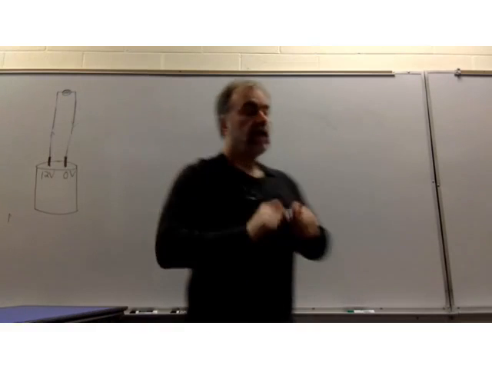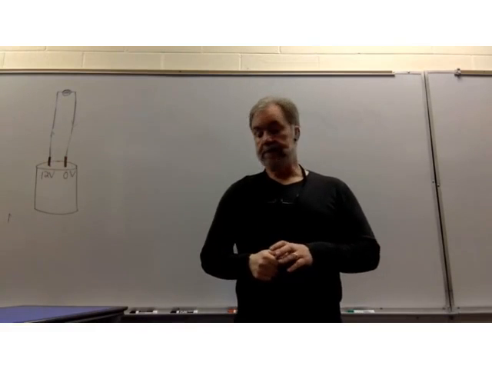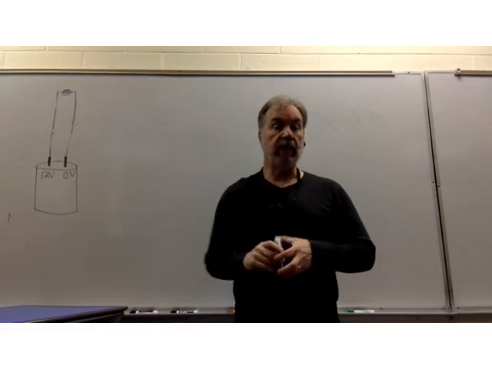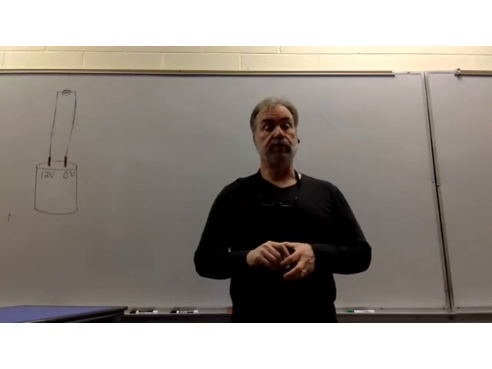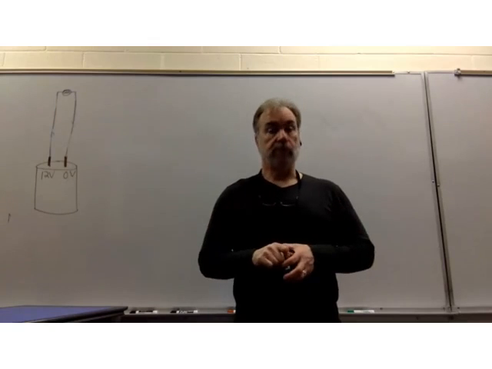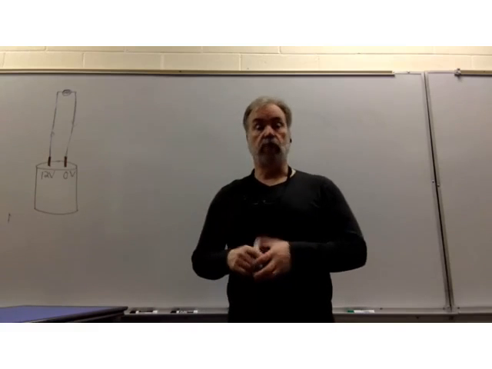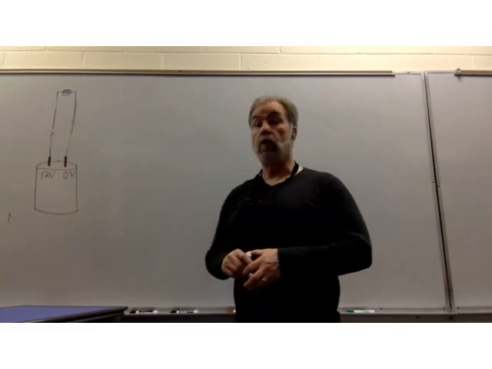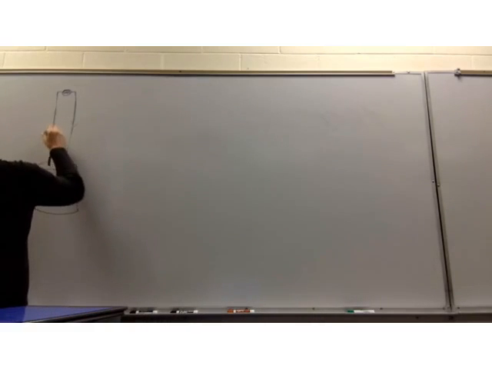The concept of charge moving is represented with the phrase electric current, or usually just current. And so the word current means flow of charge, just like a water current is a flow of water, or flow of water molecules, if you insist. So in this case, the current is going to flow like this.